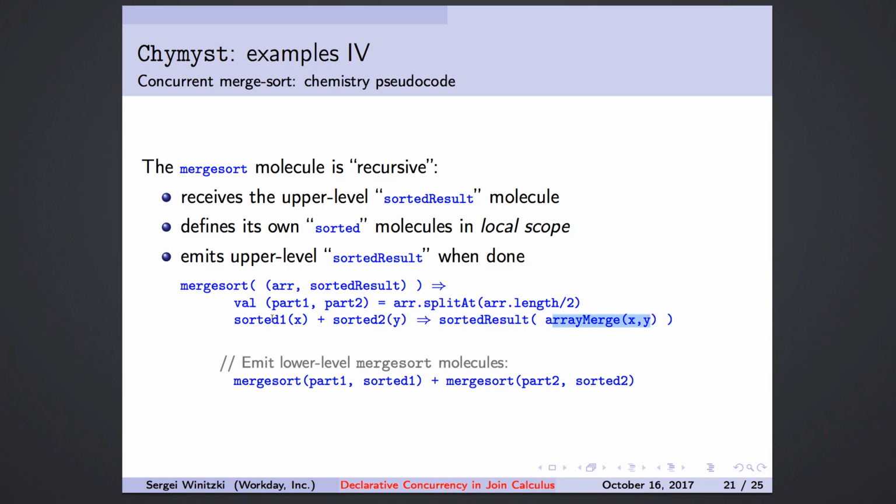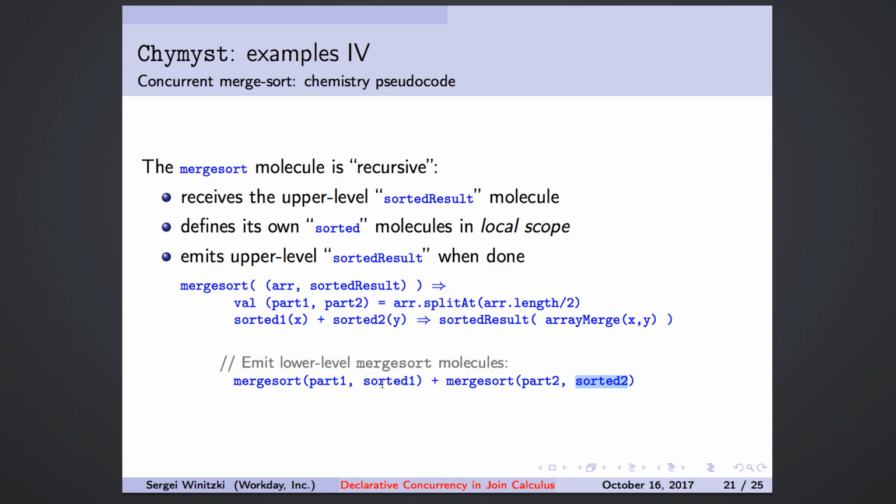Okay, well, so how do we do that? Well, we do that recursively. So the sorted must actually be the same as the merge sort somehow. We emit two copies of merge sort with the two parts of the array, and we put sorted 1 and sorted 2 as the result molecules on these two merge sort molecules. So each of them will use that as a continuation.